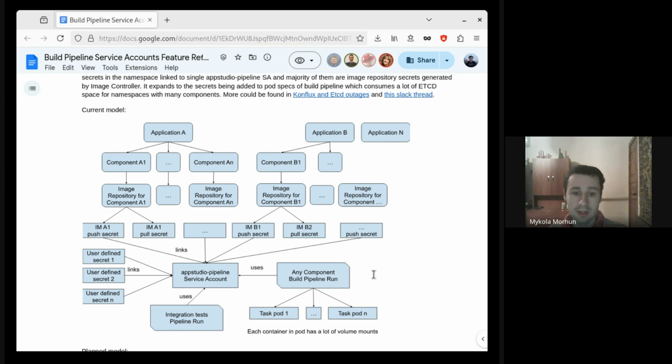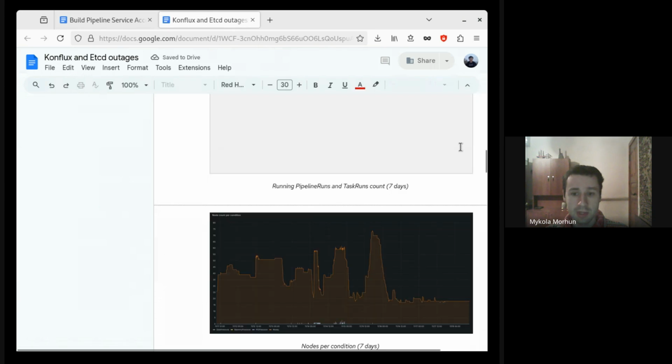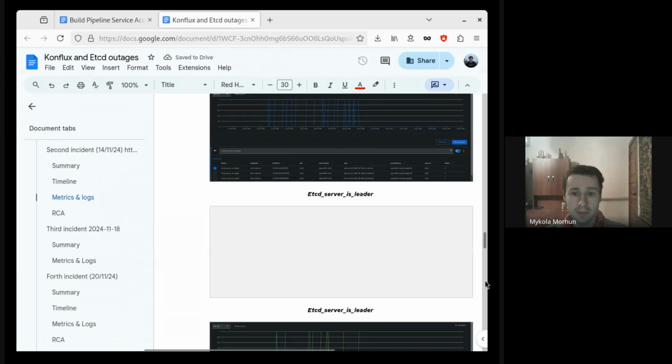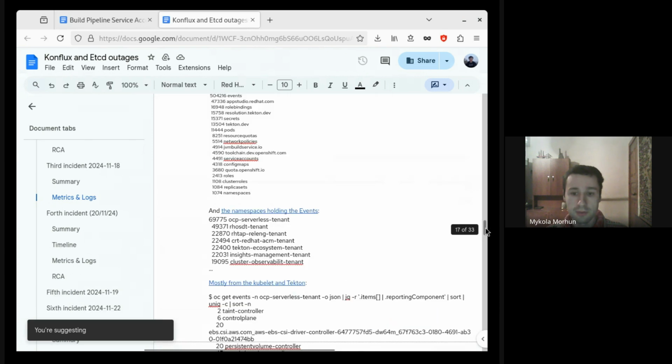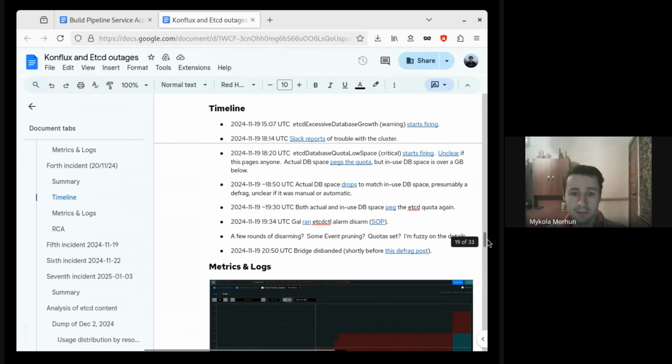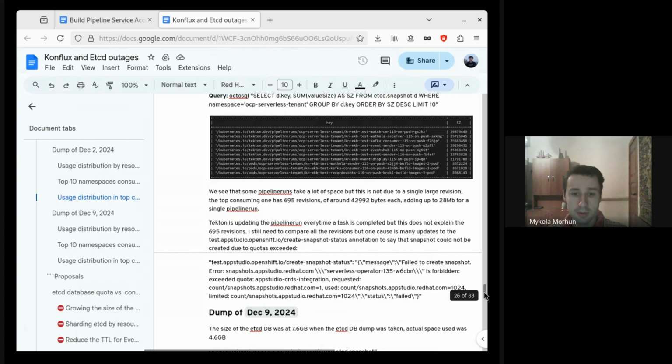First, it's etcd storage consumption. So there was an investigation by, I guess, the infra team, and there is a link to this document, and it shows that really a lot of space is consumed by those mounts that we have to the service account.